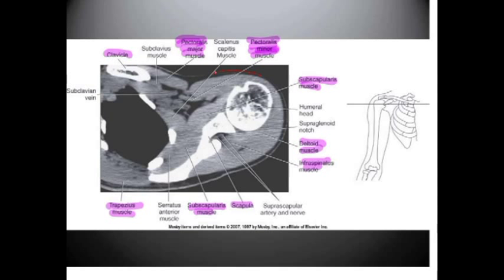Once again, we have the deltoid, scapular spine, subscapularis muscle, infraspinatus muscle, trapezius, also notice the pectoralis major muscle, which at this point is lying just anterior to the clavicle.